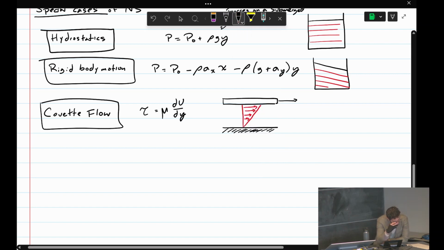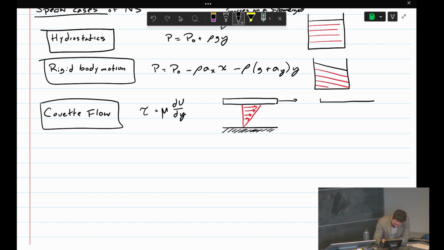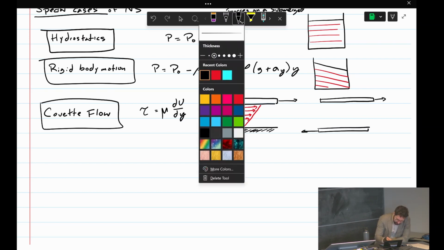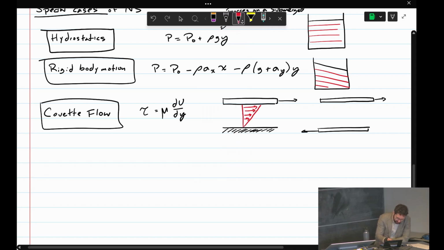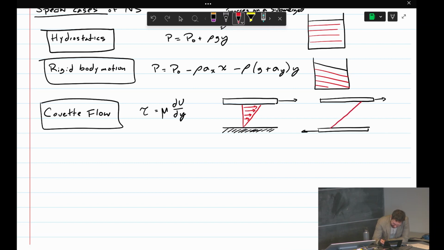There's also the case we looked at a couple of times, maybe in the tutorial, the rotating cylinder's case, which also has a linear velocity profile. So the case where both of the plates are moving, we get a velocity profile that looks like this. The actual location of the point of zero velocity depends on the velocity of the two plates. So in general, it won't be in the middle. It'll look something like this.